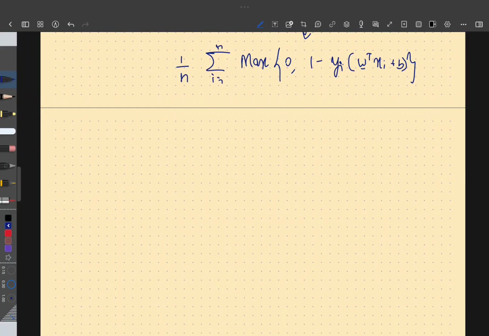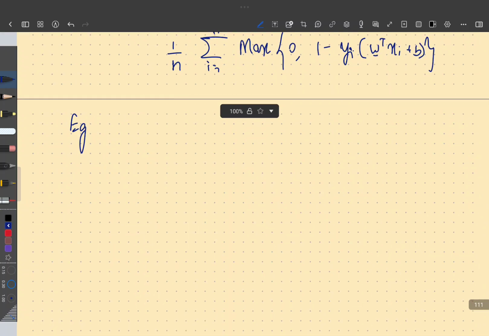Let's take the case where the domain X is equal to R, the set of reals. Or let's take a subset of this: X equal to the interval between 0 and 1.